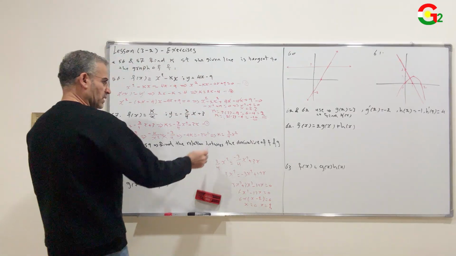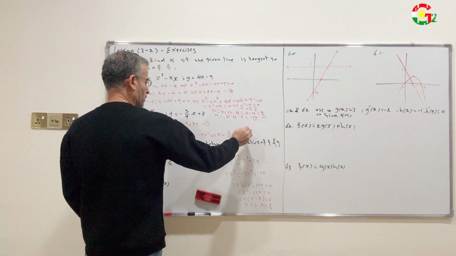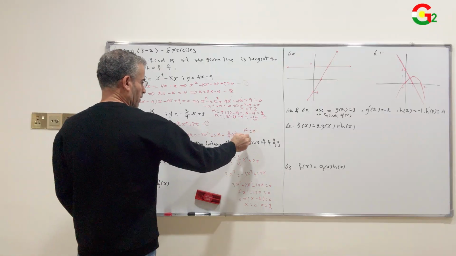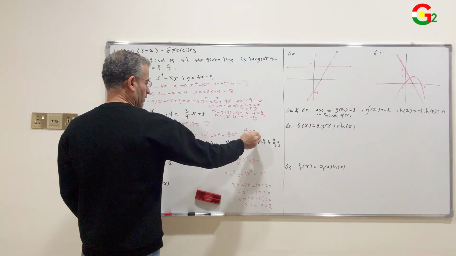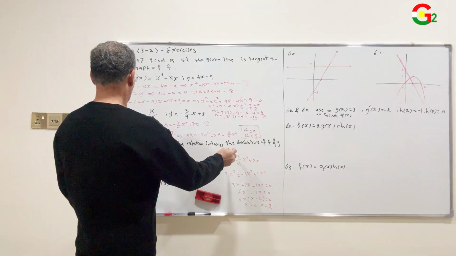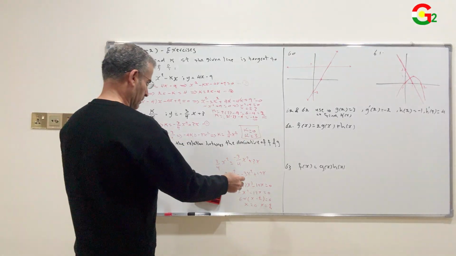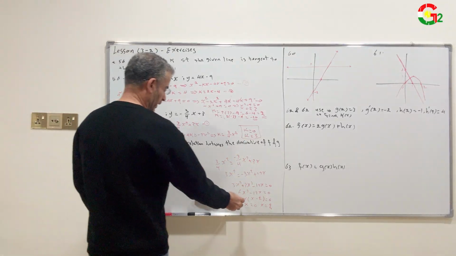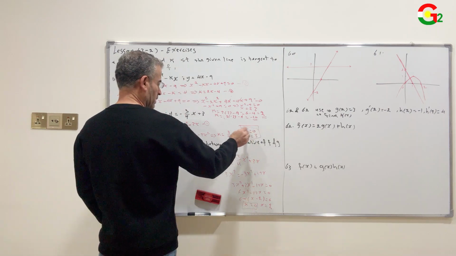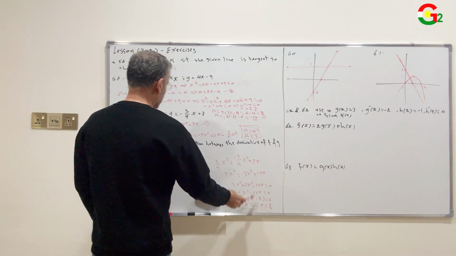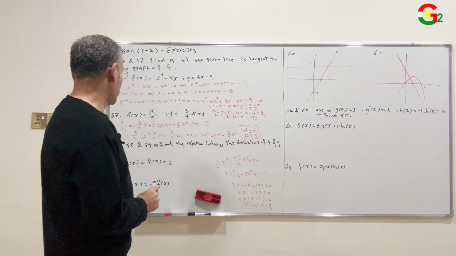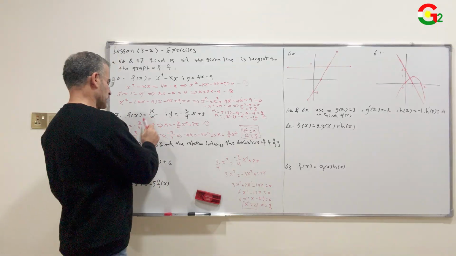When x equals 0, then k equals 0. When x equals 2, then k equals 3. When x equals 0, k equals 0, but x equals 0 is not in the domain of the function f of x.